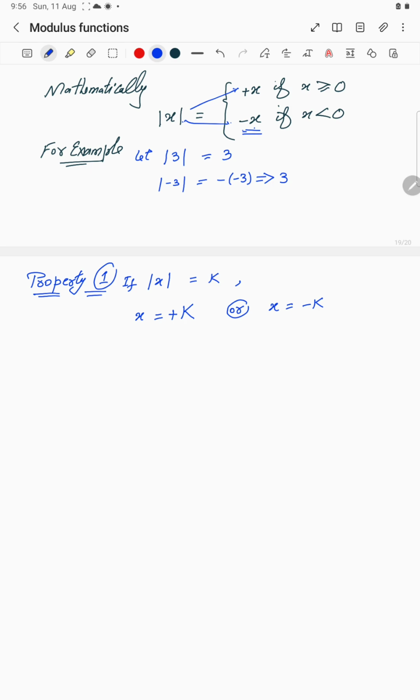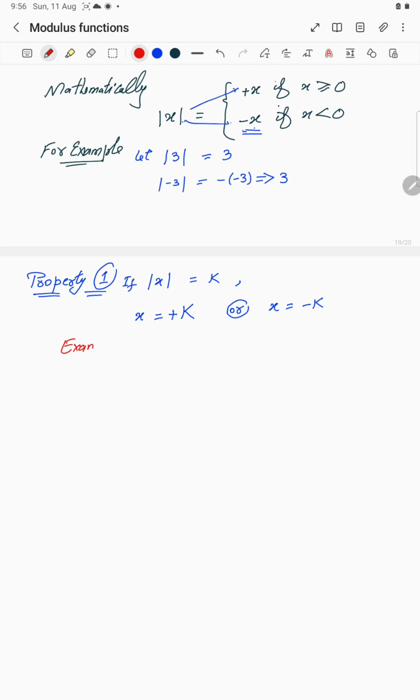I will explain these two signs while solving the question. In the modulus we have both positive and negative, but the result is positive, as we did in the definition.